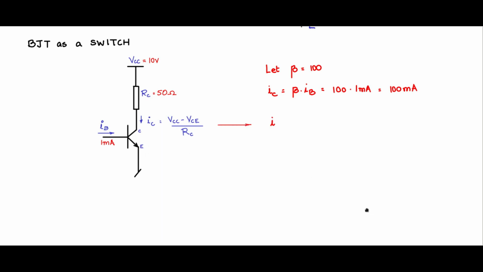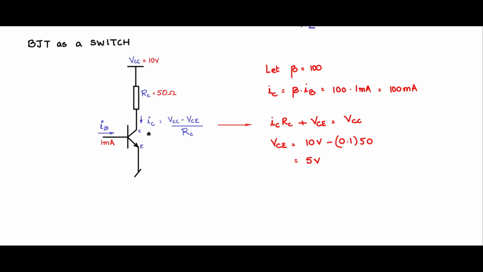So IC into RC plus VCE is equal to VCC. Now VCE, the voltage drop across the collector emitter of the BJT, is equal to VCC, which is 10 volts, minus ICRC, which is 0.1 amp into 50, which is 5 volts. So VCE is nothing but 5 volts.